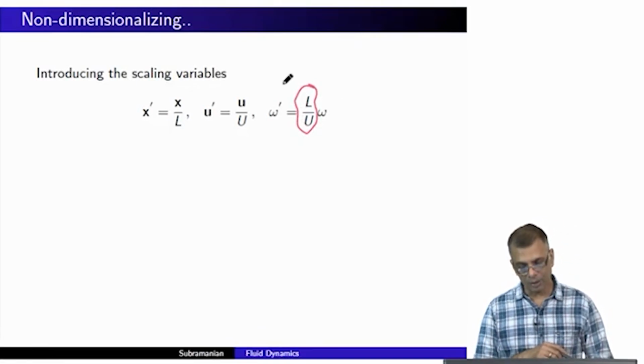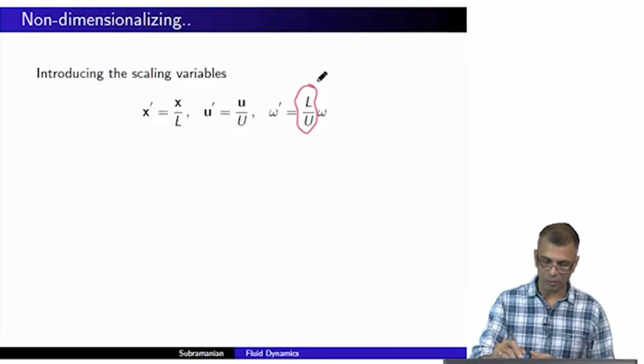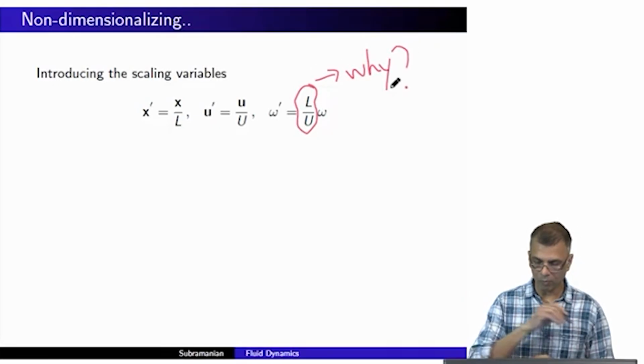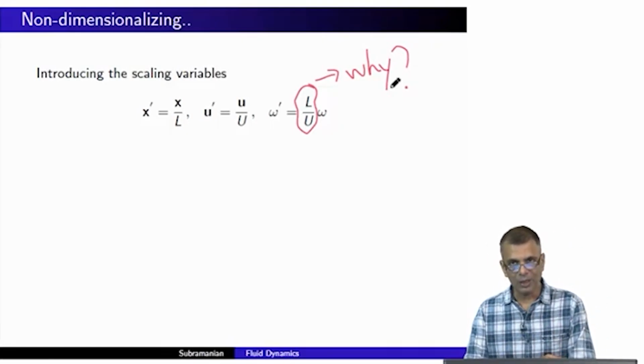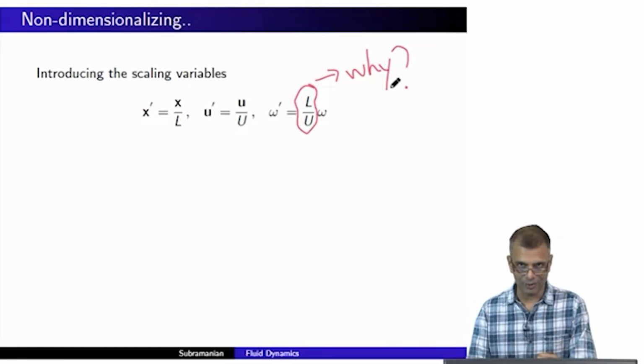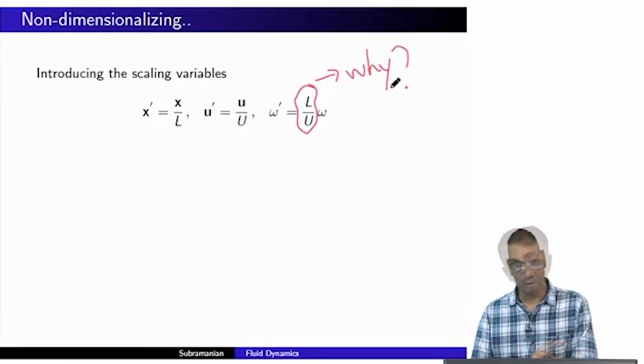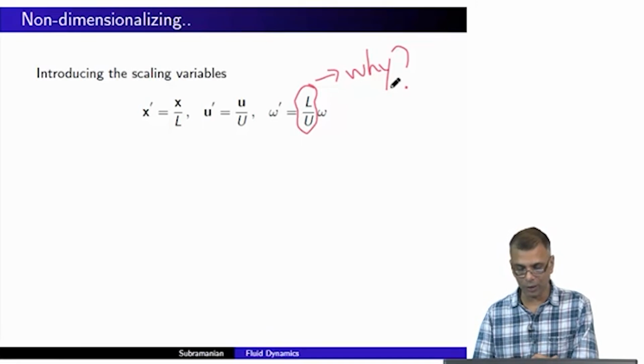Why is that? I urge you to think about the appearance of this term. It's just dimensional. You will find that L over U has the dimensions of, well, I urge you to think about this. What are the dimensions of omega? And what are the dimensions of L over U? The dimensions of omega are easy enough to figure out.